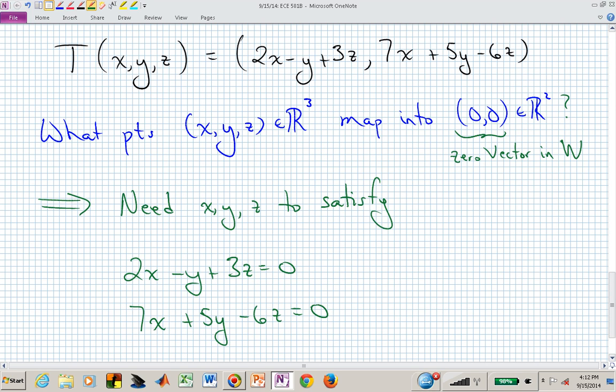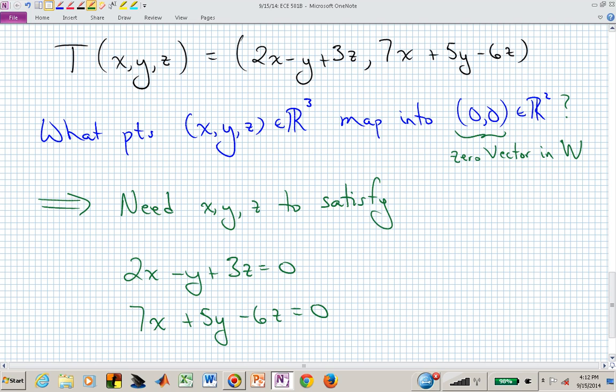Do we need a third equation? What did we have? We were mapping something in 3 space. We were going from R3 to R2. So we need these points in R3, and let's say the coordinates in this room. If we walked around in this room and stood somewhere, and you looked at my head, that's some XYZ location. You want to know, is that in the null space?